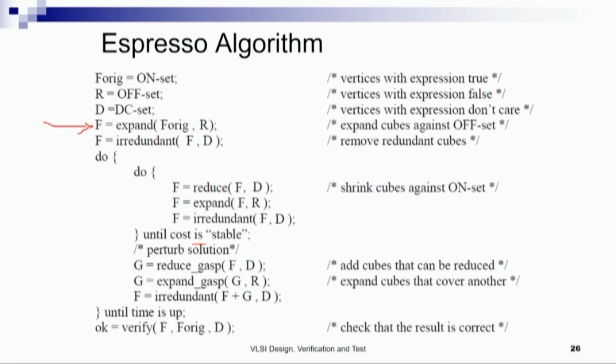Next, the reduce expression is applied. It shrinks larger cubes. So after this irredundant, we go inside this loop. We apply the reduce. So what does reduce do? It shrinks larger cubes into smaller ones wherever possible.